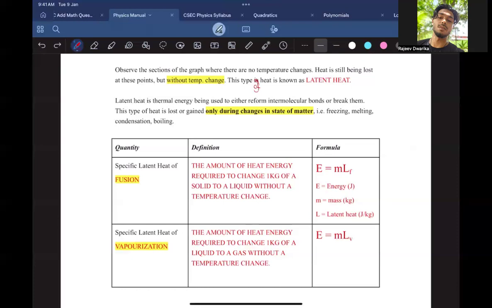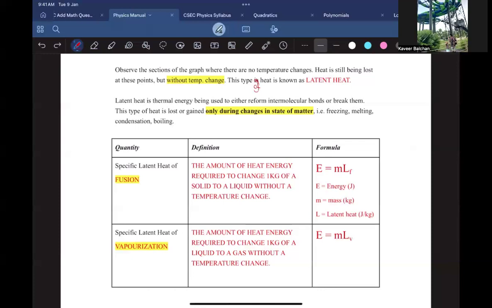So as the name suggests, vaporization. That's when you go from a what to a what? Vaporization, vapor. A liquid to a gas, right? And fusion, that's when you're going from a what to a what?